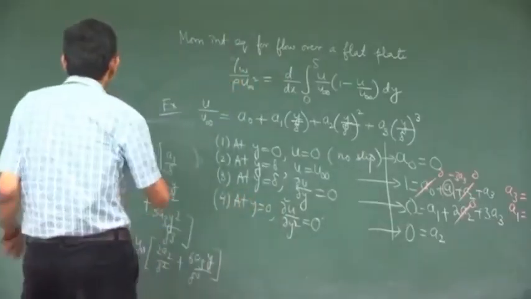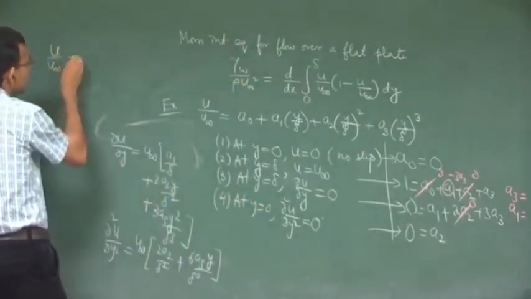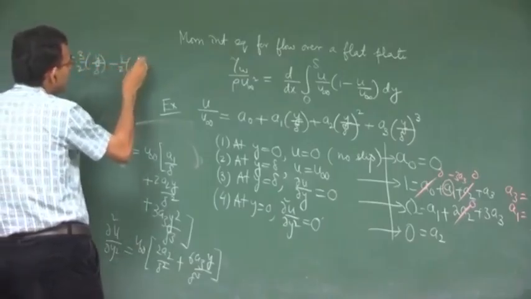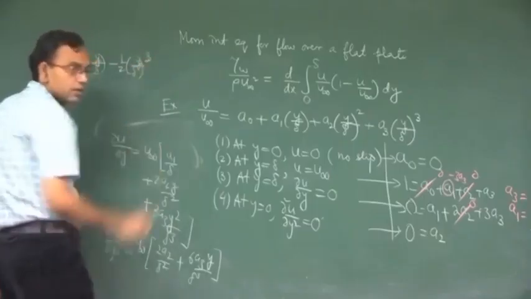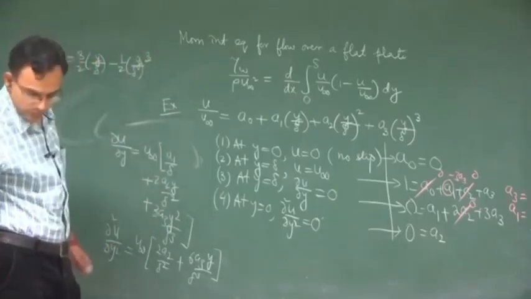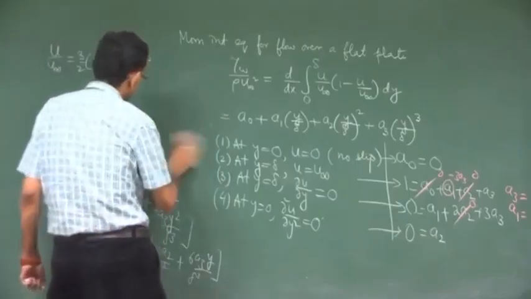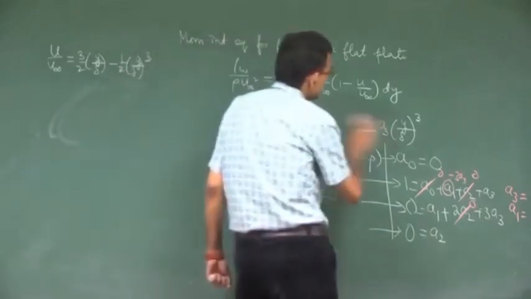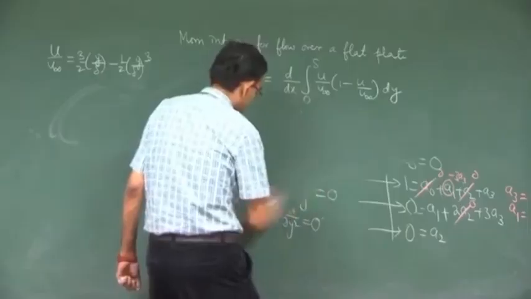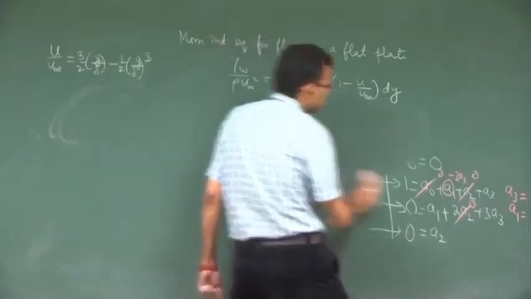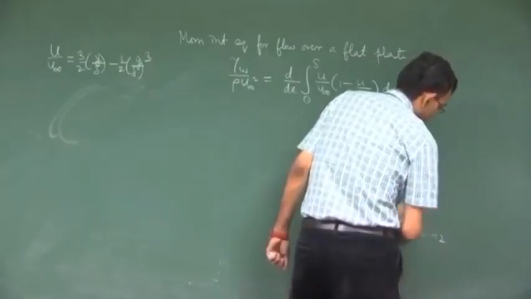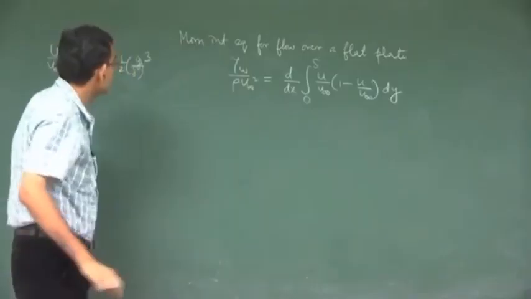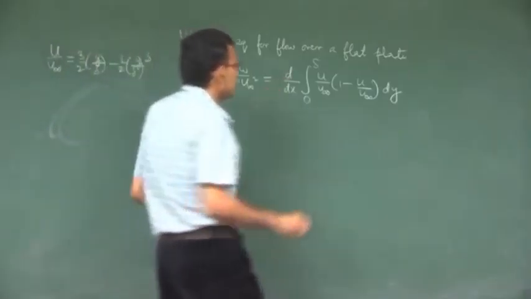So, the velocity profile becomes u by u infinity is equal to 3 by 2 y by delta minus half y by delta cube. So, we will substitute that here.